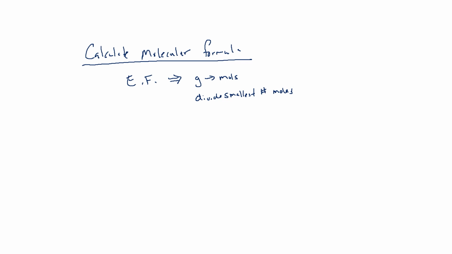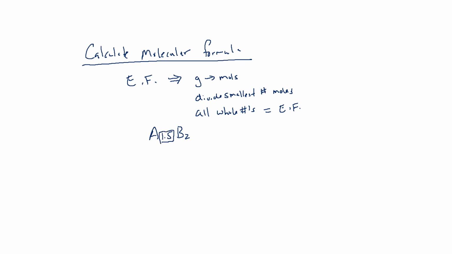Once we divide by the smallest number of moles, if we do end up with all whole numbers, remember that that will basically give you your empirical formula. So for example, let's just say we did that, and we did not end up with all whole numbers. Let's just say I've got A 1.5 and B 2 as my empirical formula after I divided by the smallest number of moles.